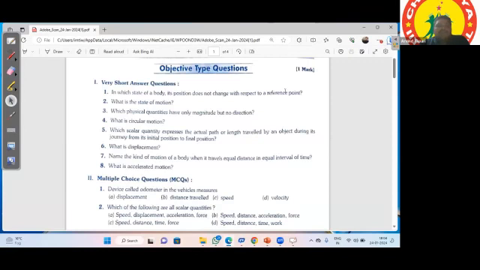So see, what is a circular motion? Prince, what is a circular motion?